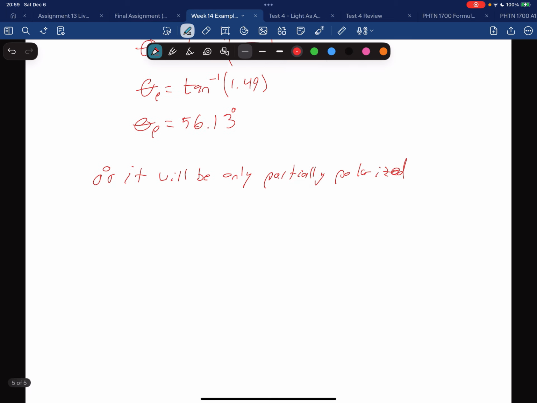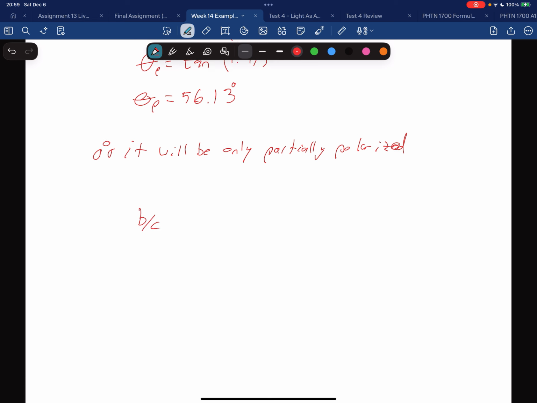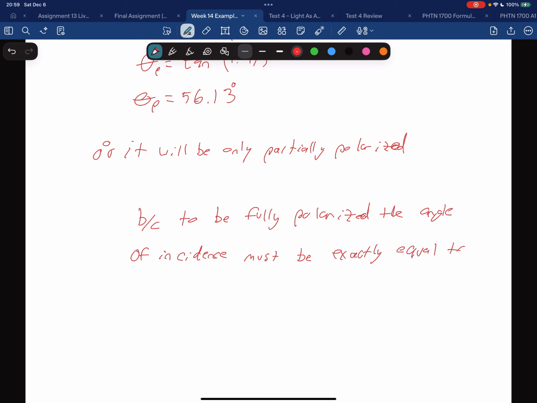This is because to be fully polarized, the angle of incidence must be exactly equal to the angle of polarization.